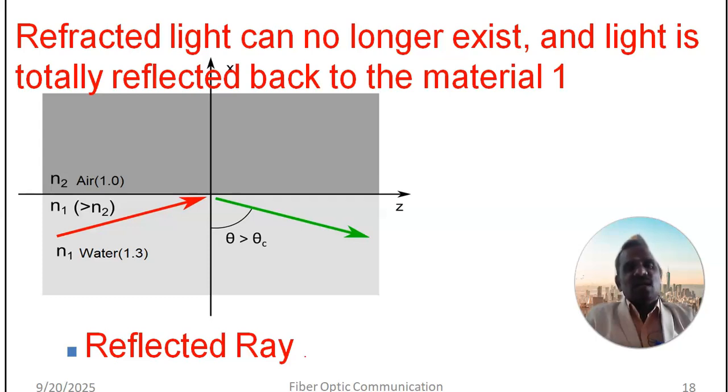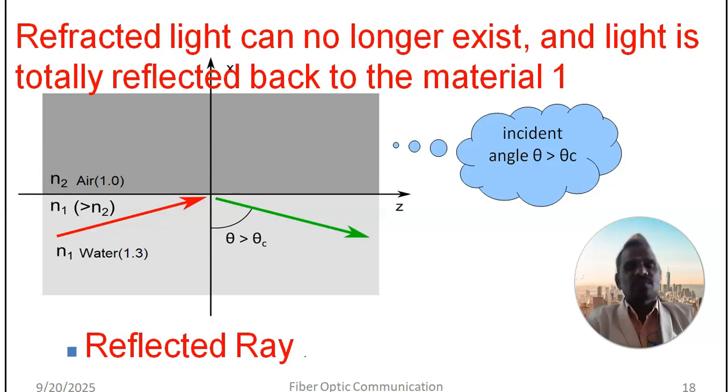So the refracted light does not exist, and the light will be totally reflected back into the same medium. Here material 1 is water. Here the condition is theta 1 is much greater than the critical angle.